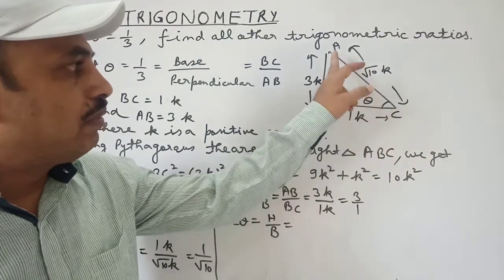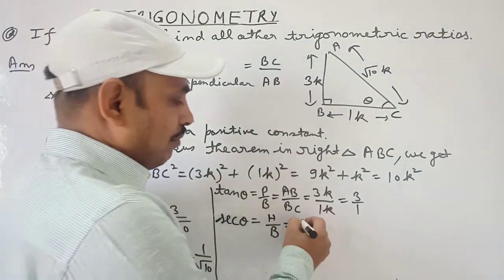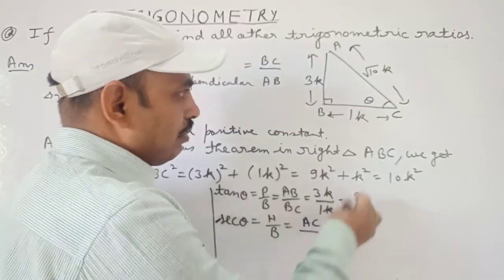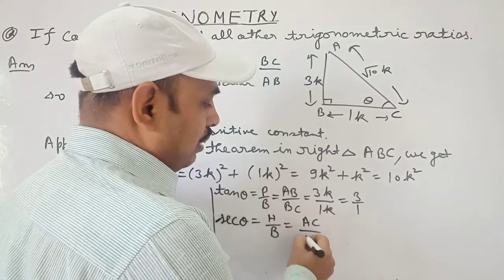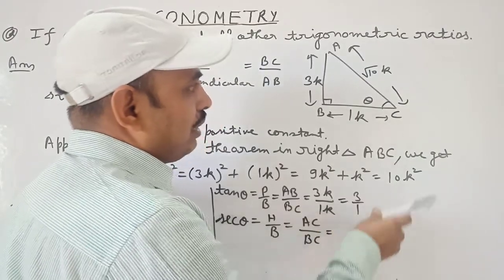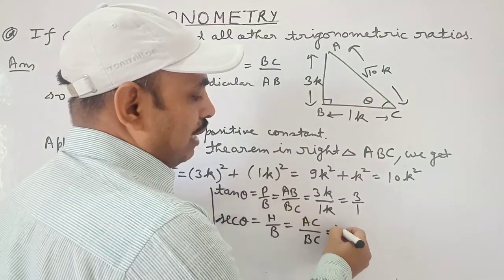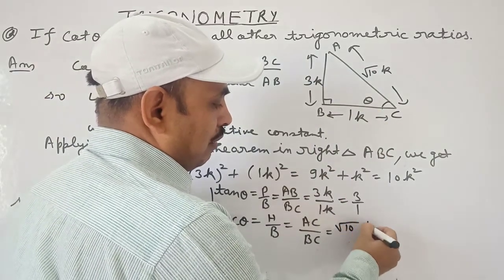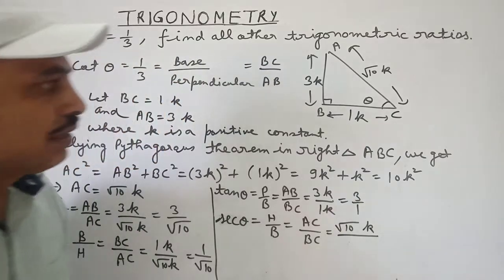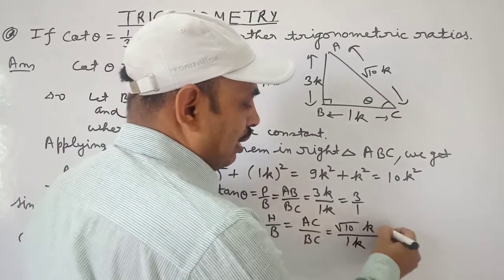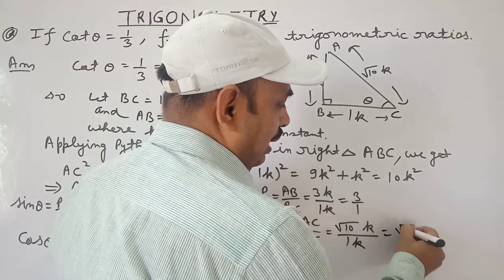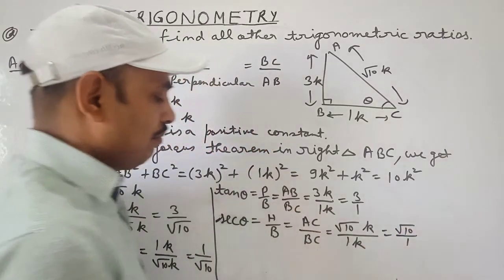For this angle, hypotenuse is AC. For this, base is BC. What is AC? AC is root 10K. And what is base? BC. BC is 1K. K will cancel K. So root 10 upon 1.